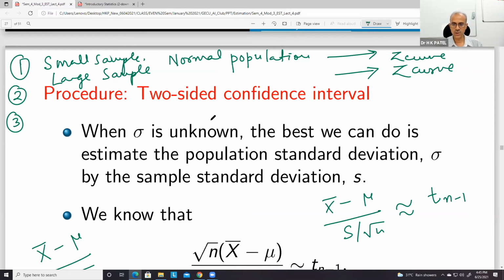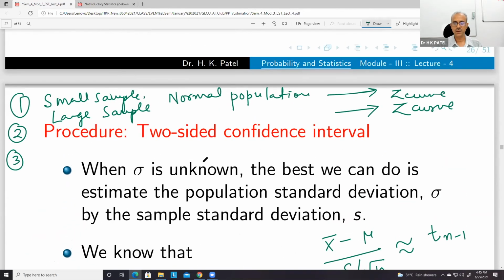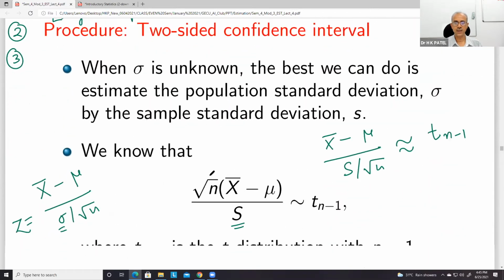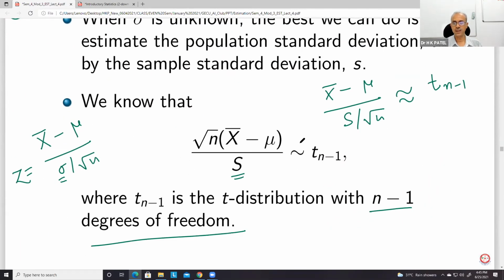So our objective here will most probably be a small sample, and with a small sample, sigma is also not known and we also don't know anything about the population.